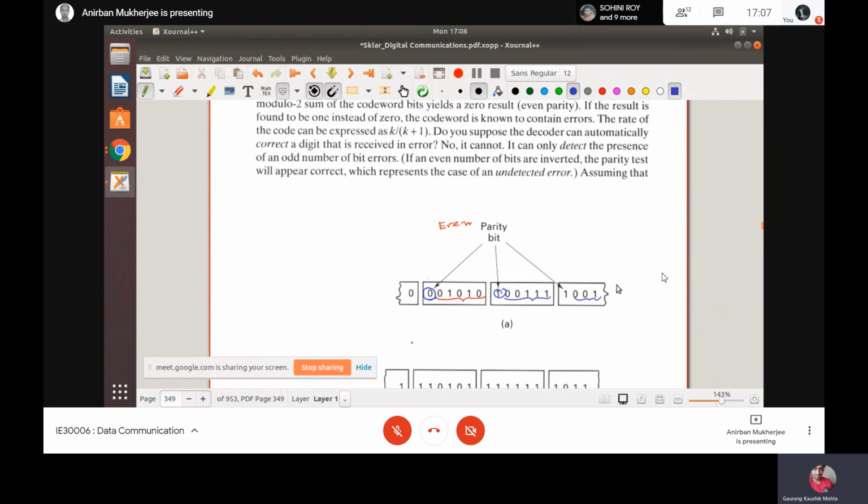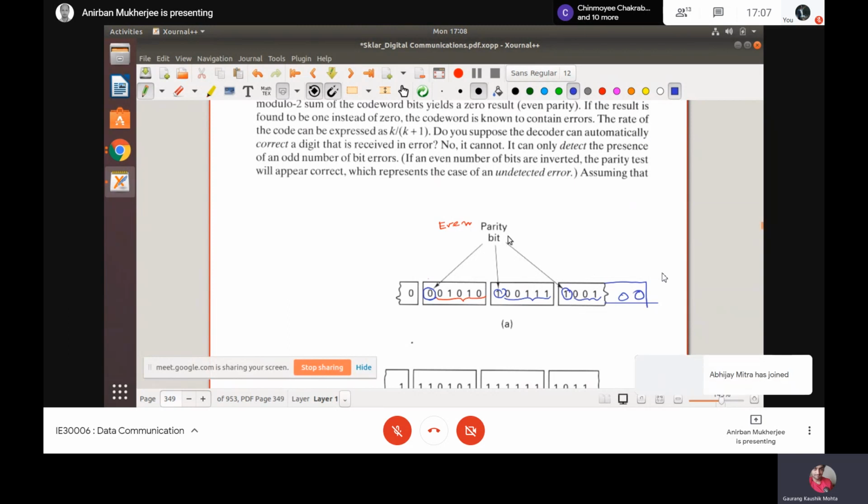The block size should be 2, 4, 6. The block size should be like this. So I have only one 1, so I have to put another 1 so that an even number of ones are present. So this is my parity bit. Okay. So this is the even parity bit.